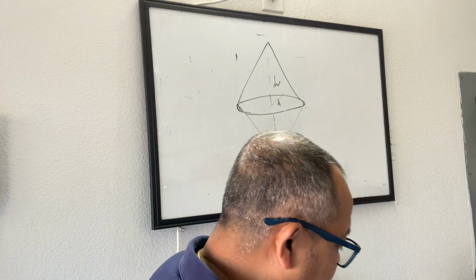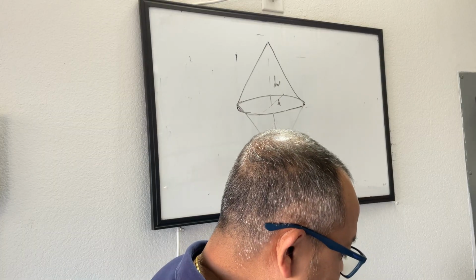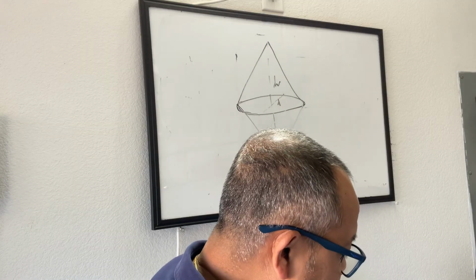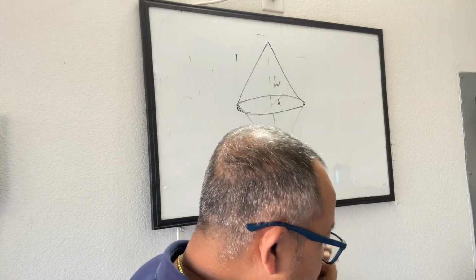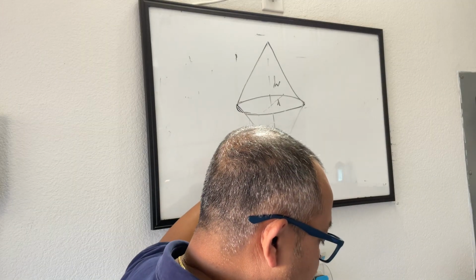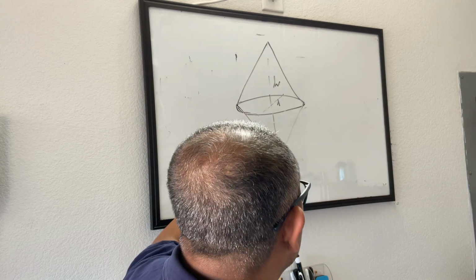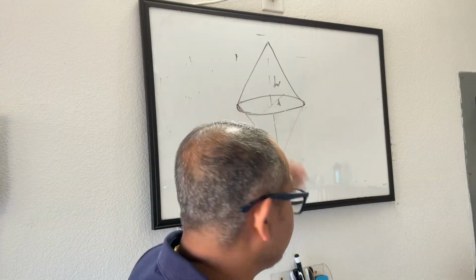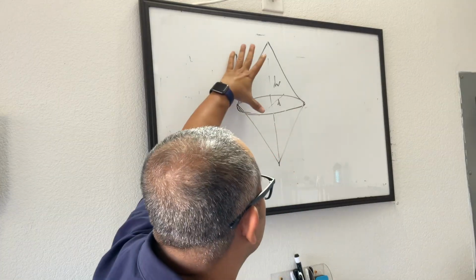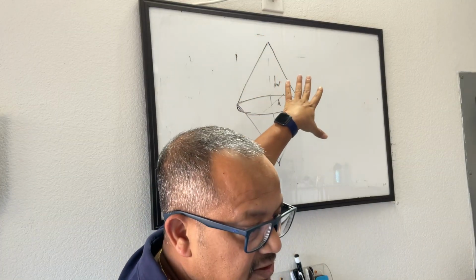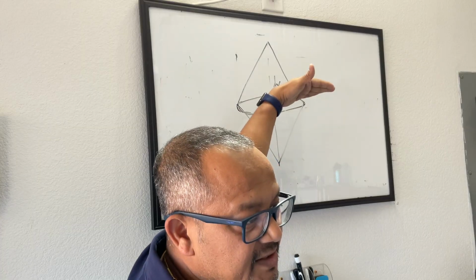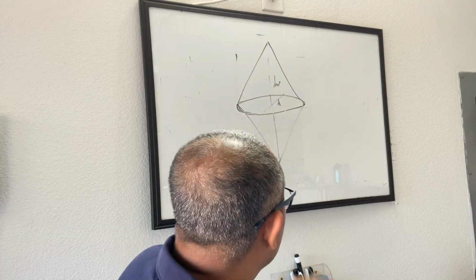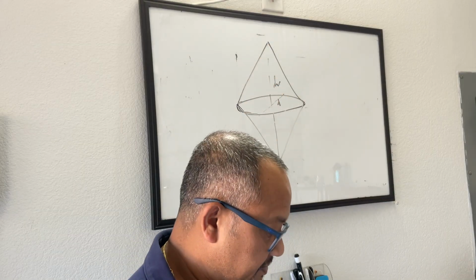A top is formed by fusing two identical right circular cones by their base as shown. If you try visualizing what I had drawn, it's like two cones put on top of each other, with their bases facing each other, and that forms a top.